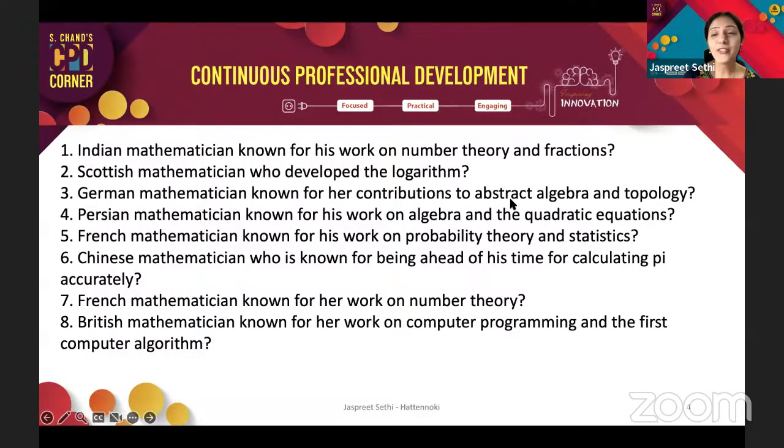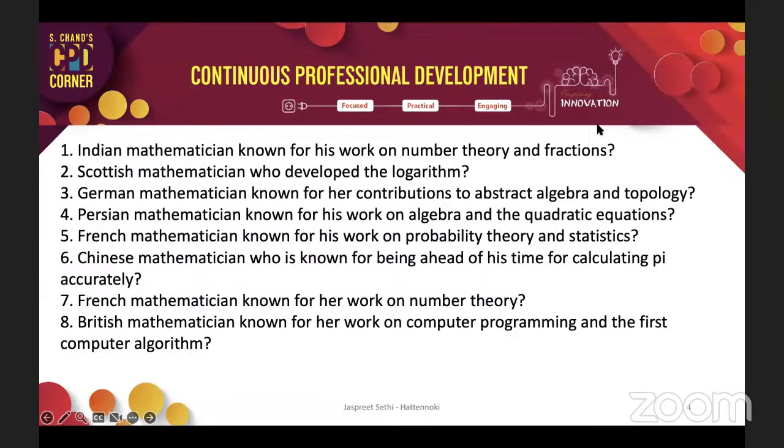Or a Scottish mathematician who developed the logarithm, logs. I know I'm catering to K through 12. It's okay if you do not know any of these, and that's totally fine. Just for fun. German mathematician known for her contributions to abstract algebra and topology.